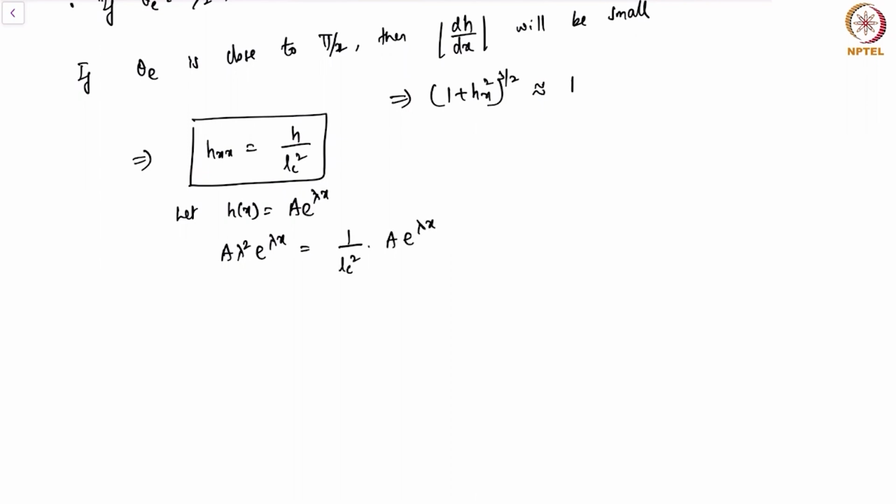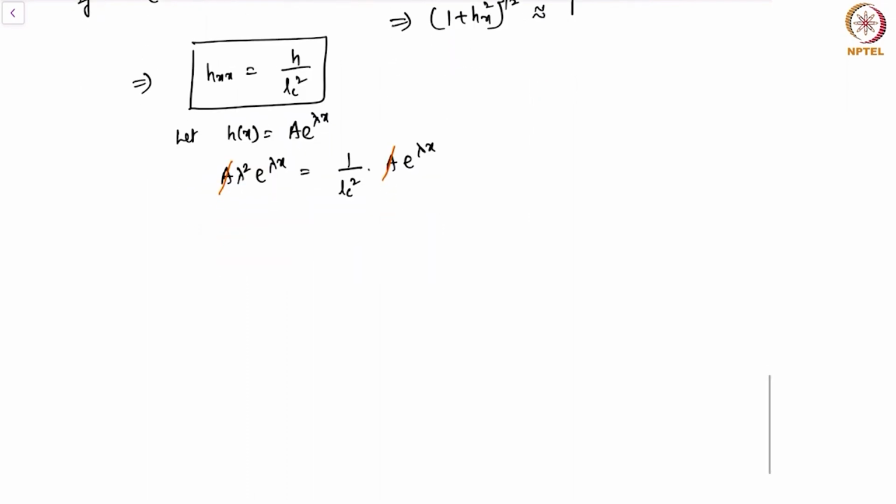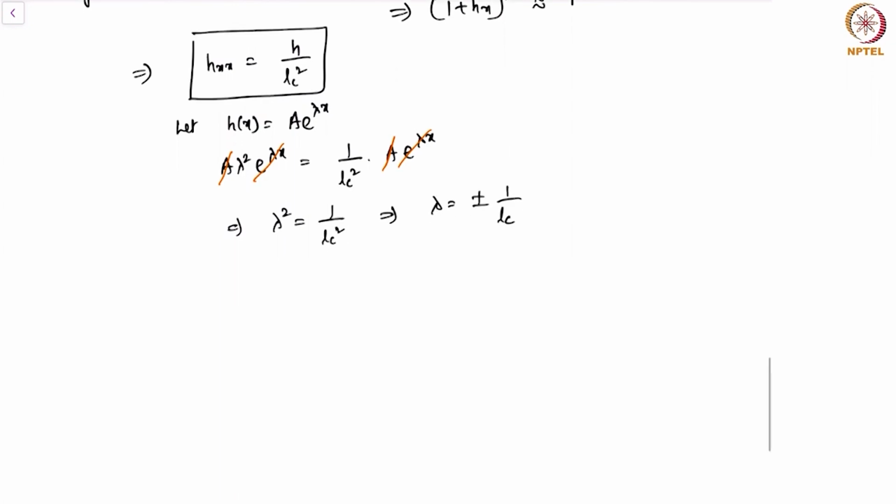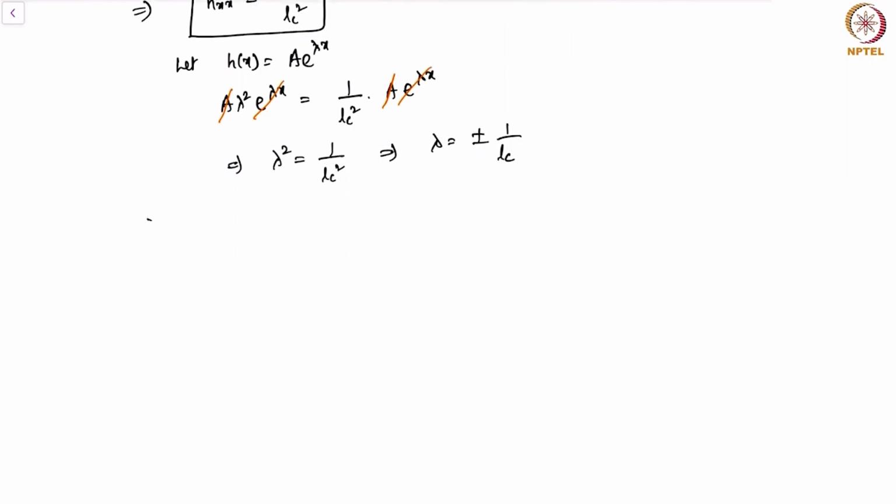For a non-trivial solution, a should not be 0, so I can cancel it. Exponential terms can also be cancelled on both sides because they can never be 0, and I simply have lambda square equal to 1 by LC square, or lambda equal to plus or minus 1 by LC. Therefore, the general solution is h of x equals c1 e power x by LC plus c2 e power minus x by LC.